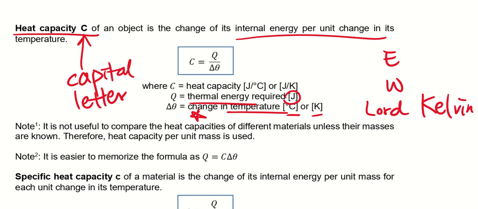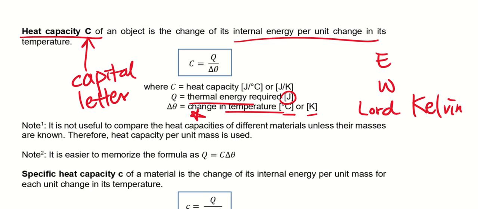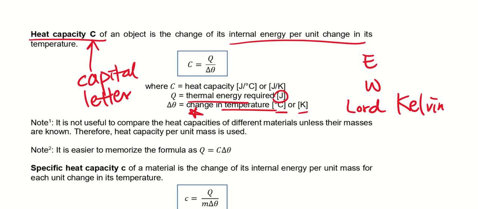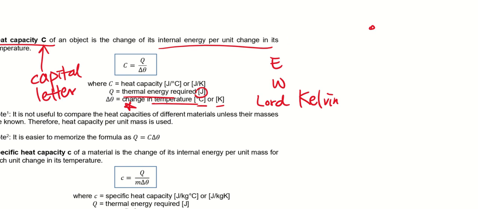He was conferred a title because of his scientific breakthroughs. So they call this temperature Kelvin. Besides degree Celsius, we also have degree Fahrenheit, and yes, we also have Kelvin.